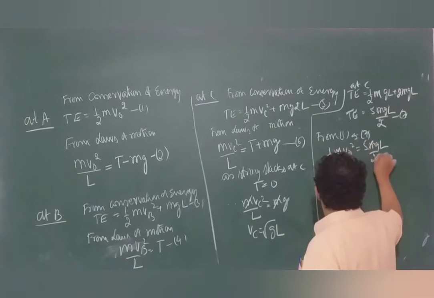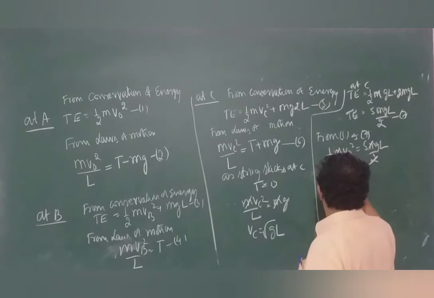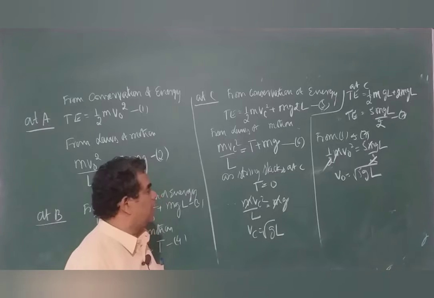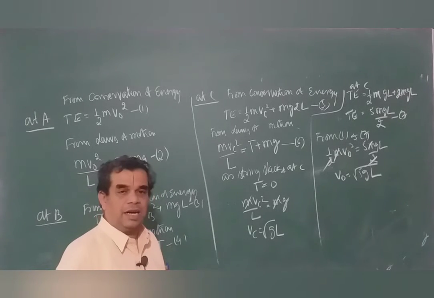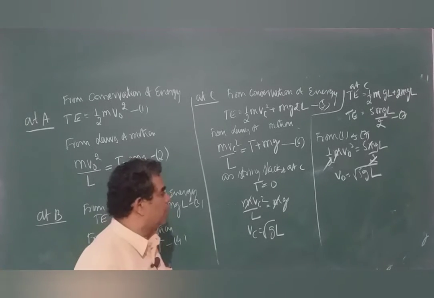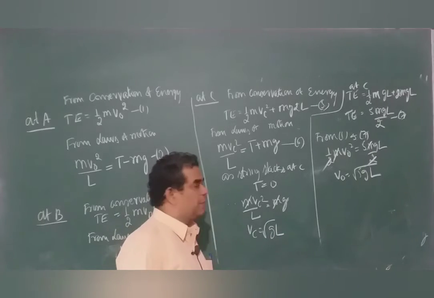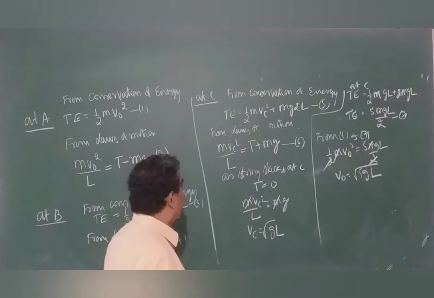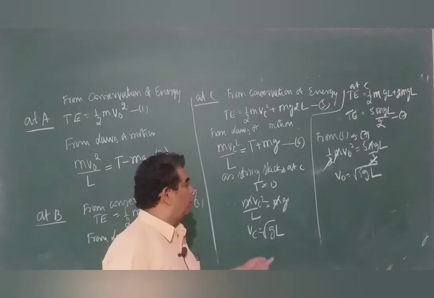Cancelling m, cancelling 2, V0 is root of 5gL. So, we got the first answer. Velocity imparted at position A, lowest position A, V0. Once we got V0, we can calculate Vb easily.